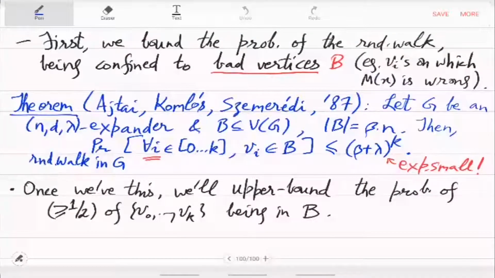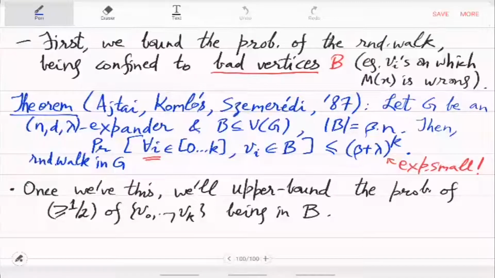So what is now the error probability? That is the main thing to calculate. So let us do that now. So we will be proving the Ajtai-Komlós-Szemerédi theorem, which will basically look at the probability of the random walk being stuck in the bad vertices.